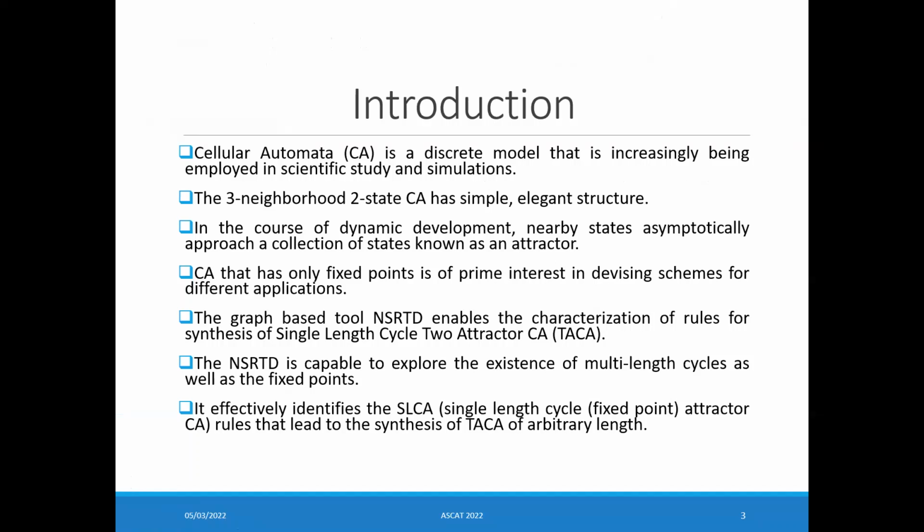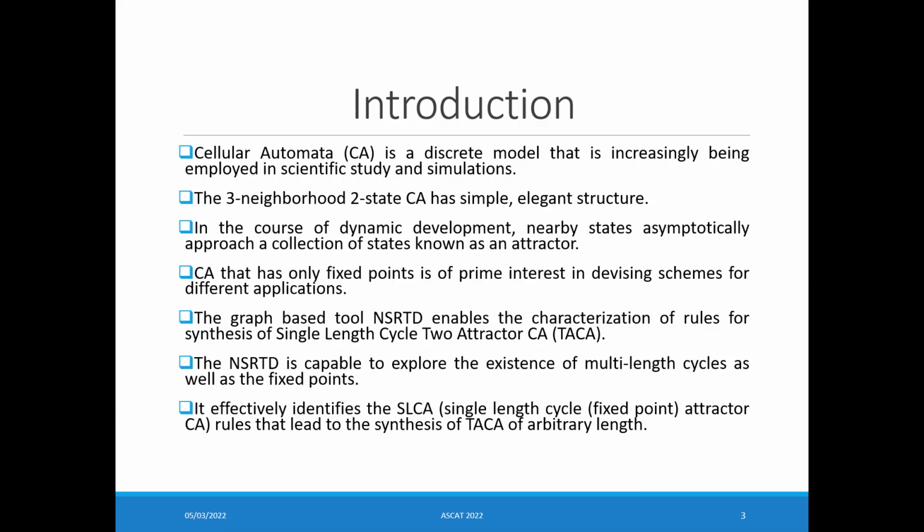So the three-neighbourhood two-state CA has a simple, elegant structure, and in recent years it has proven to be a powerful tool. However, the characterization of such machines is still an area of research. While characterizing the state space of three-neighbourhood CA, researchers have found that in the course of dynamic development, nearby states asymptotically approach a collection of states known as an attractor.